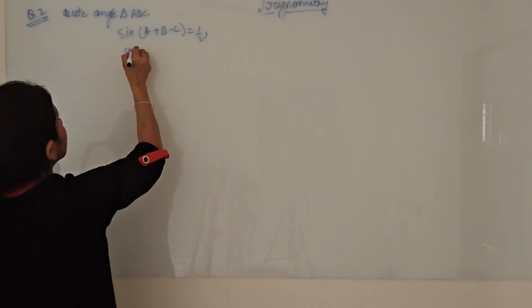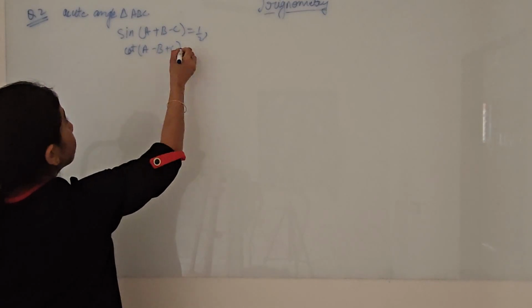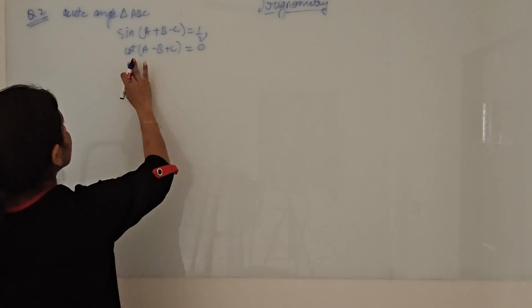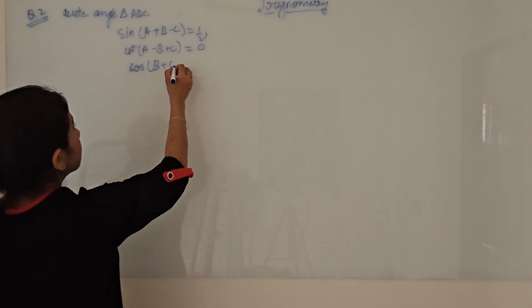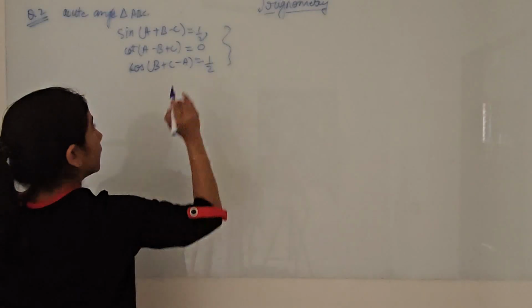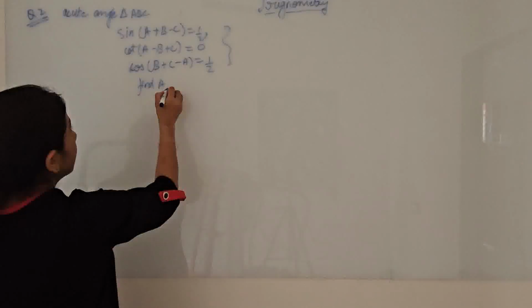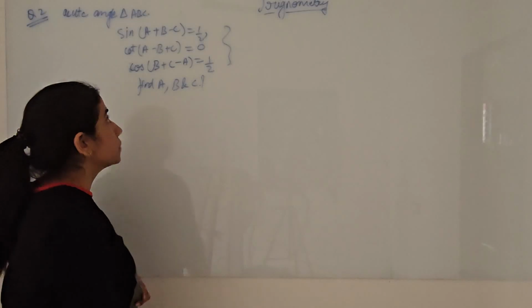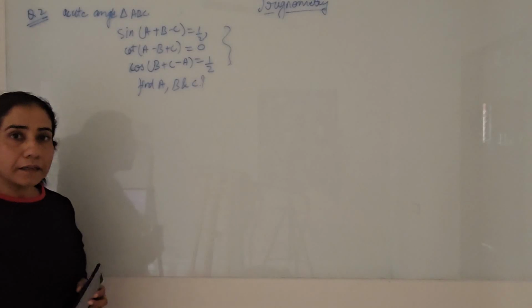Then another relation is given as cot (A minus B plus C) is equal to 0, and the third relation is given as cos (B plus C minus A) is equal to half. These three relationships are given, and we have to find the angles A, B and C. This is my question.